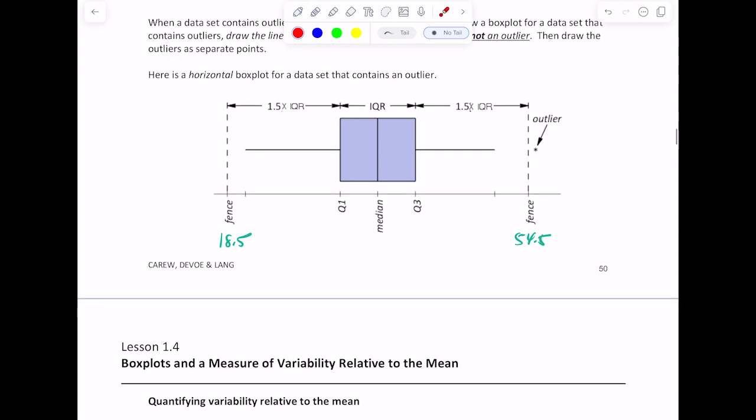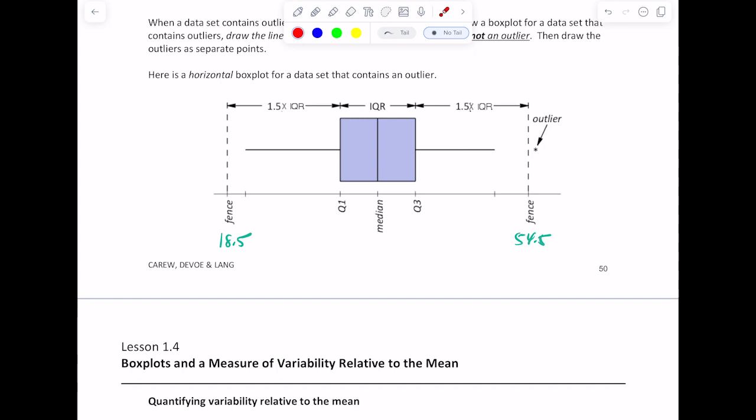Okay. Sometimes you can create what's called a modified box plot. The modified box plot is when there is an outlier, and let's say this value here ended up being an outlier. We would want to star that off, and we would want to make sure that our whisker only extended to the next highest value in the data set.